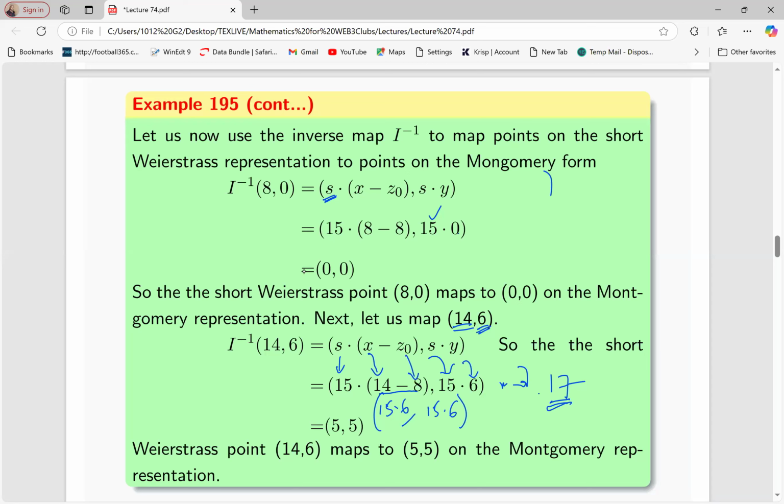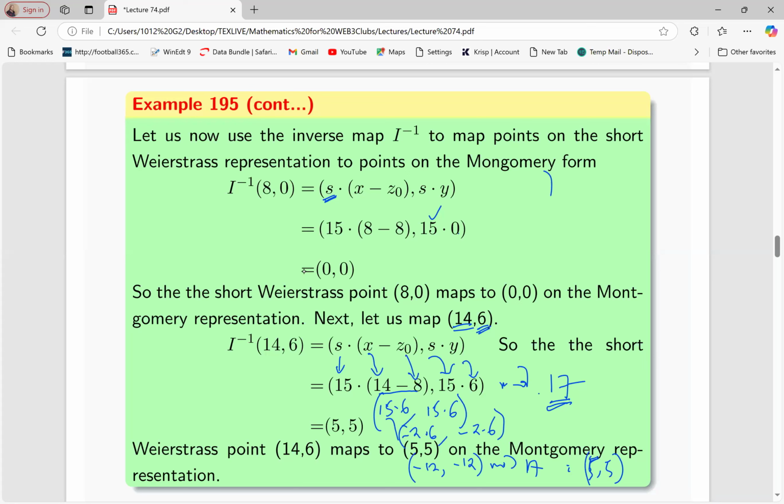Alternatively, 17 and 15 are very close. You can just call it -2 times 6 and then -2 times 6. So this is -12, and this is also -12. They are doing it mod 17. This will be the same as 5.